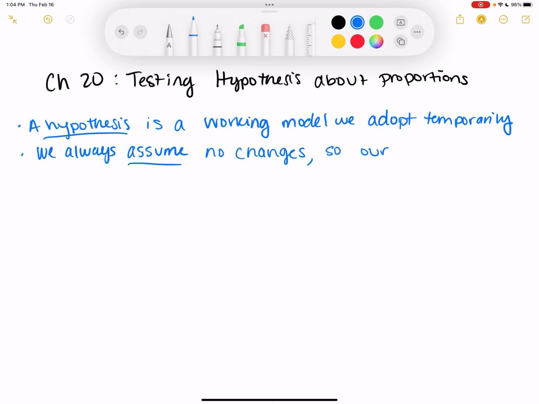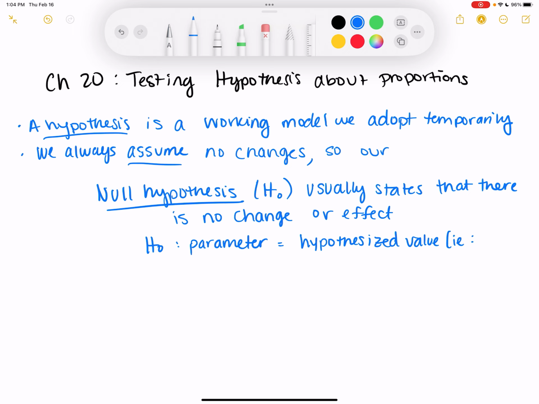H sub 0, the null hypothesis, is the parameter or the hypothesized value, such as the null hypothesis is P is equal to 0.20.